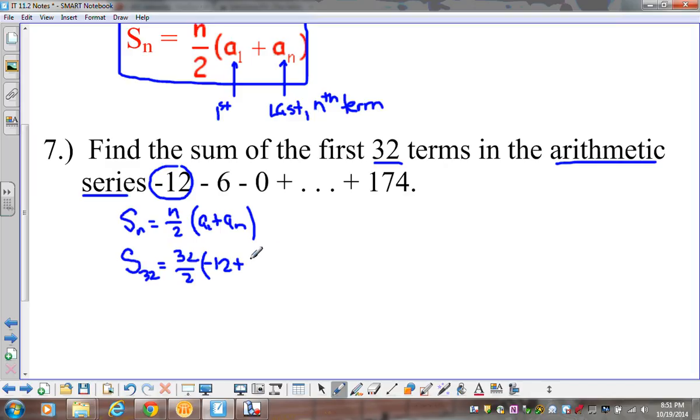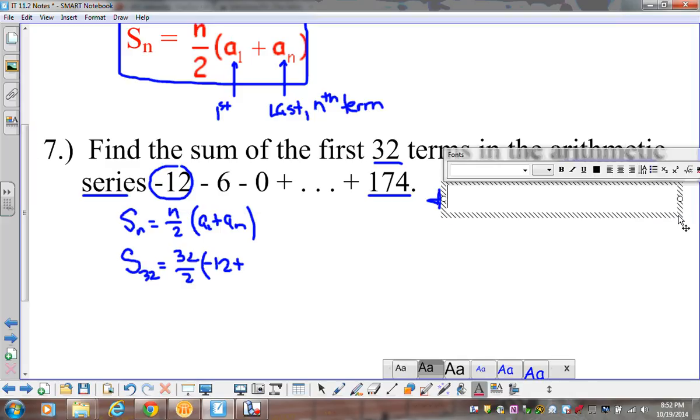plus, now I don't know my 32nd term. Most of the time they're going to tell you, hey, this is your 32nd term, but not always. So just to make sure, I'm going to come over here and find my 32nd term. It's a lot easier just to type it out.